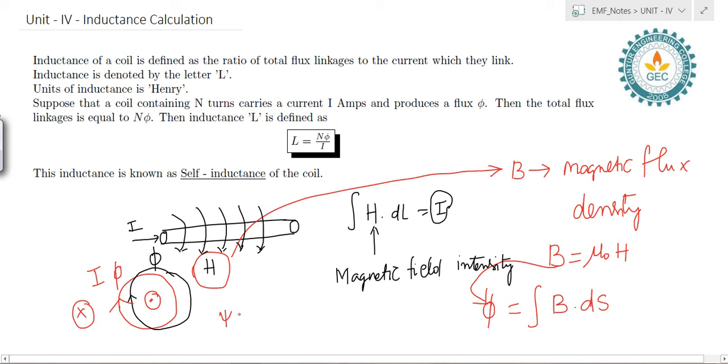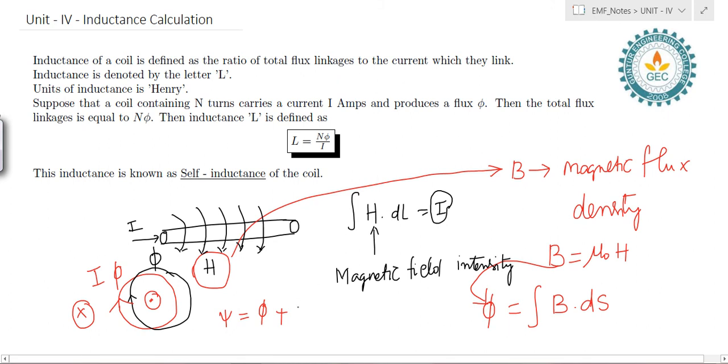The total flux linking with the conductor is the flux produced by the first circle plus the flux produced by the second circle.